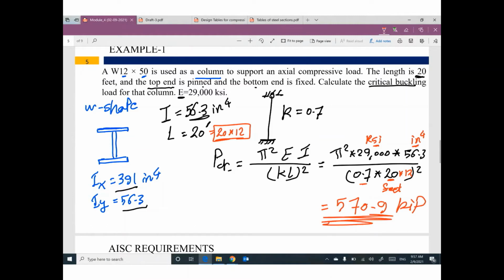We need to make sure that any force in this column must be smaller than or equal this value of critical buckling load to make sure this column is stable. That makes sense? So the problem is asked for what is the critical buckling load.